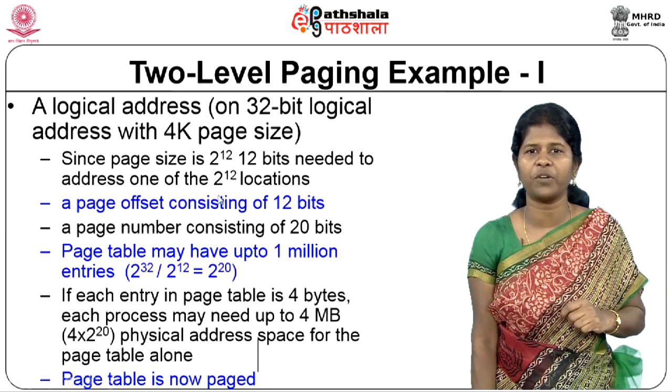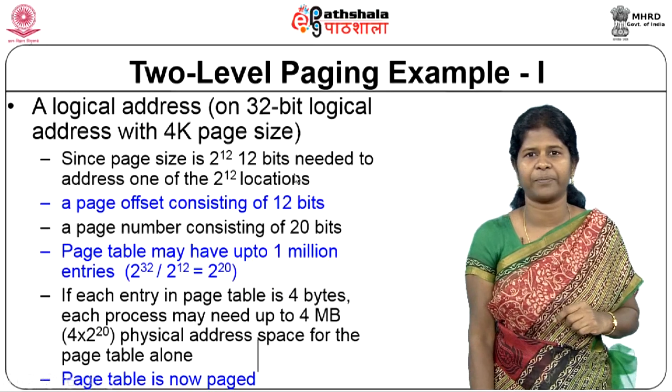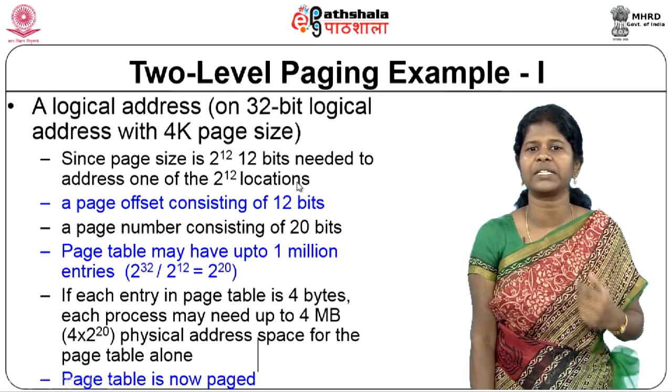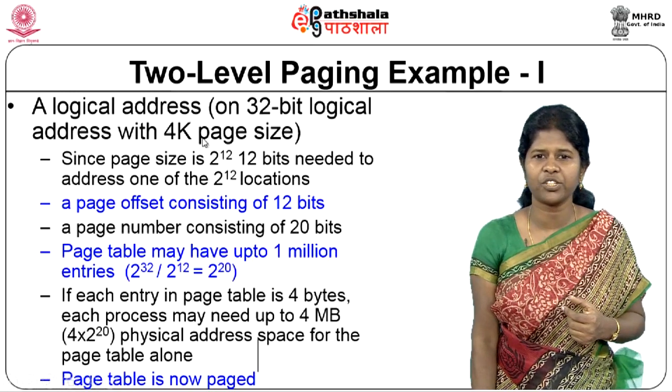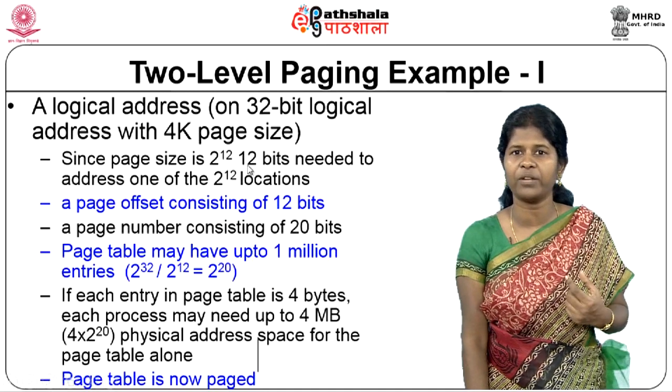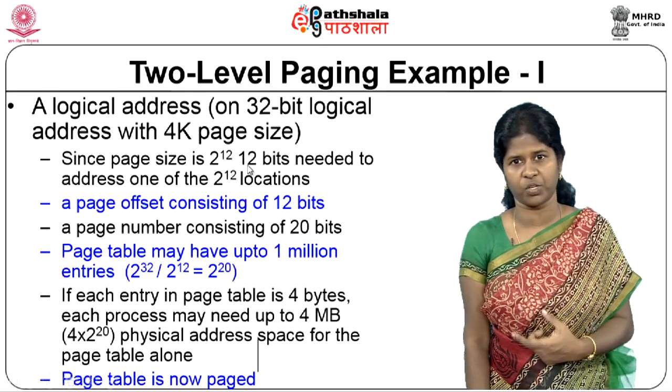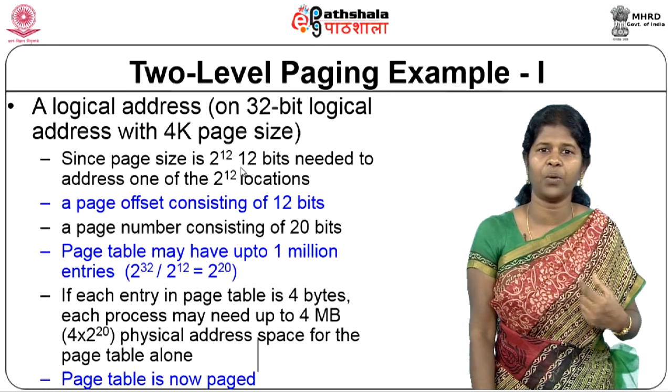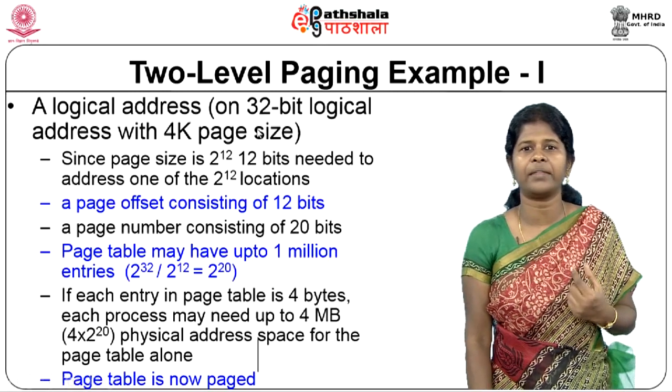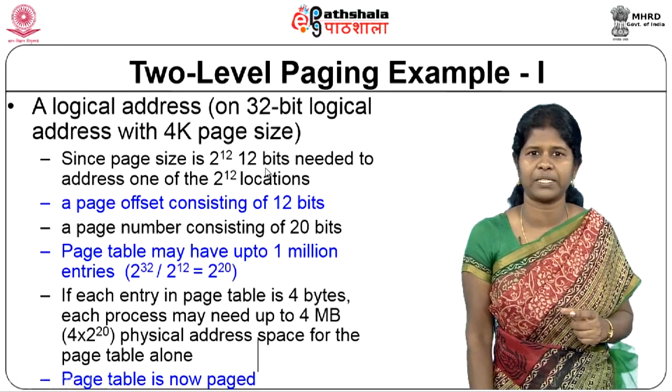So, the page offset will have 12 bits. So, this 32-bit logical address will be divided into a page number and an offset. The page number will be 20 bits and the offset will be 12 bits.